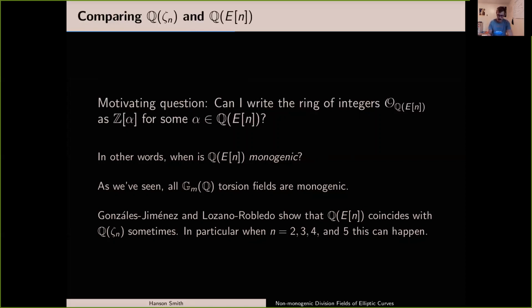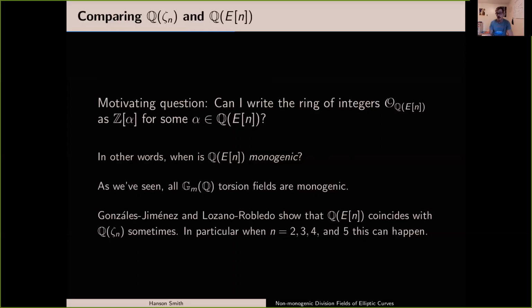Well, there isn't a ton of work in this area over Q. I should mention Cassano, Jones and Taylor do have some work, mostly looking at CM elliptic curves. It's excellent stuff. But for the purposes of this talk, I will say that the previous work over Q is Gonzalez-Jimenez and Lozano-Robledo, who show that the n-torsion field coincides with the n-cyclotomic field sometimes.